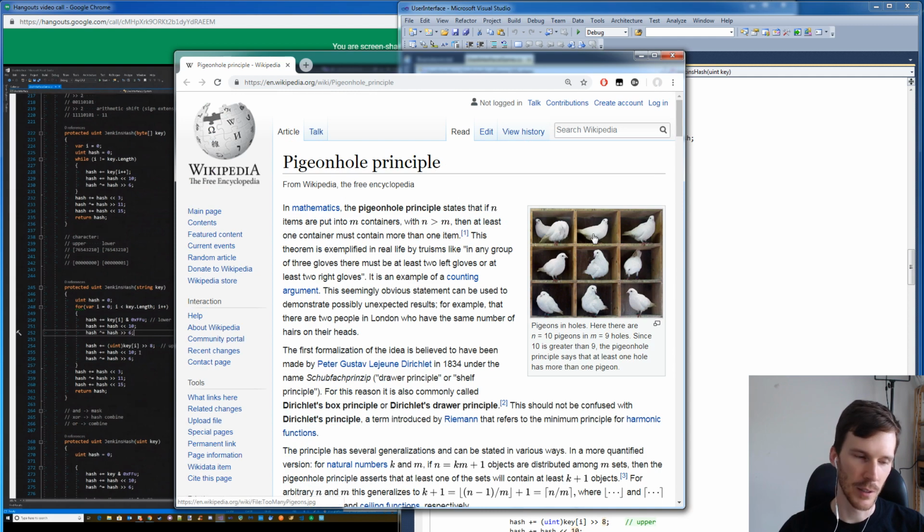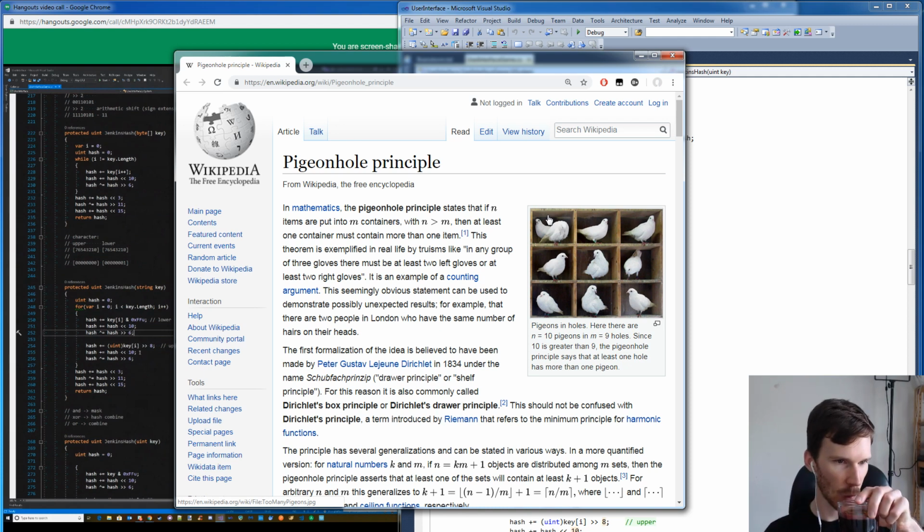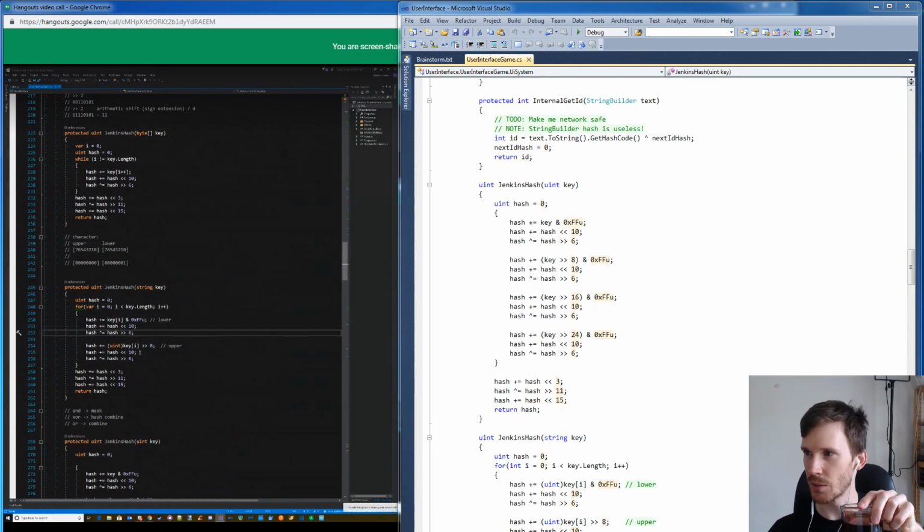If we have 9 possible hashes and we want to hash 10 items, we're guaranteed to have a collision. Does that make sense? Yep, absolutely, that's pretty straightforward.